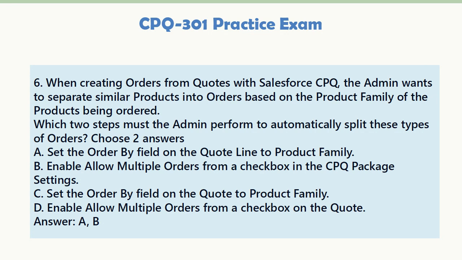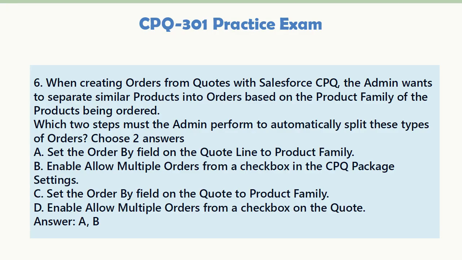6. When creating orders from quotes with Salesforce CPQ, the admin wants to separate similar products into orders based on the product family of the products being ordered. Which two steps must the admin perform to automatically split these types of orders? Choose two answers.